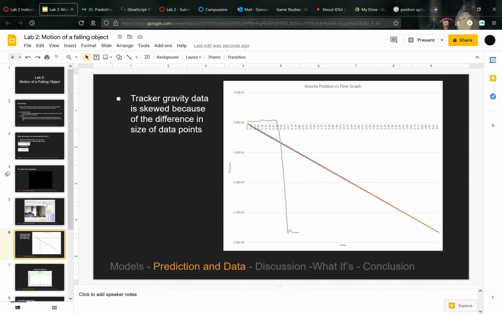These are the two different GlowScript graphs and the tracker graph coming all together in a single one. The tracker video is much shorter just because it's 30 frames per second, and I enjoy more precise data, so I plotted more points on the simulations, so it makes the tracker end a little earlier, and it shows actually better the exponential drop with air resistance of velocity impacting this.